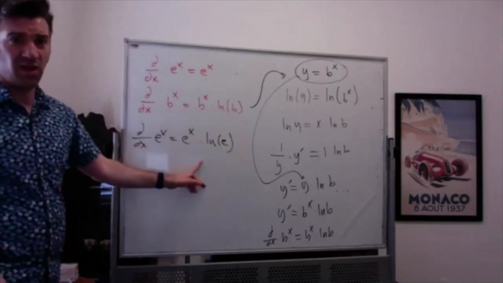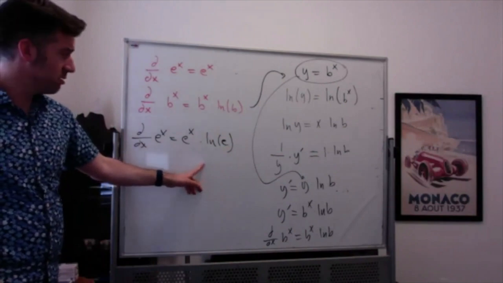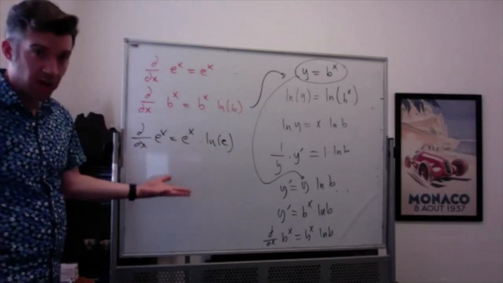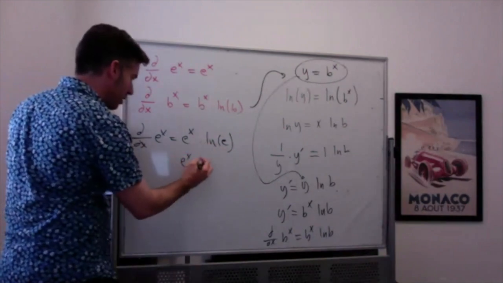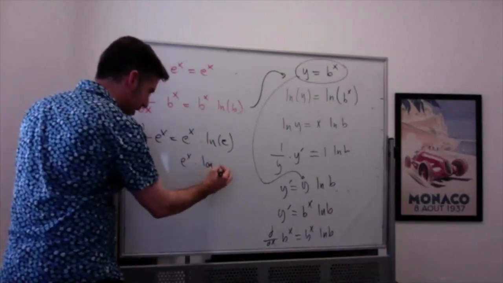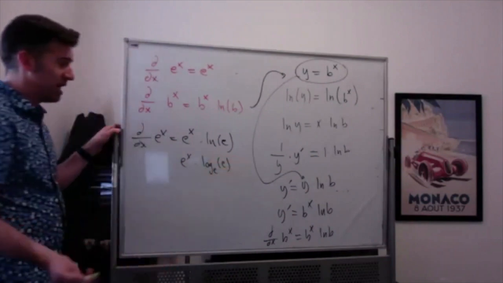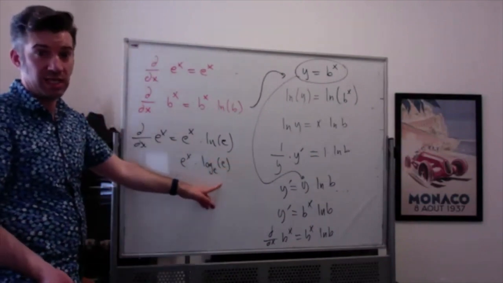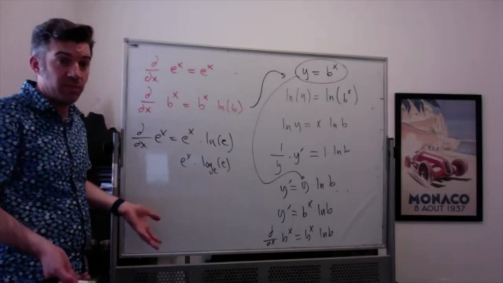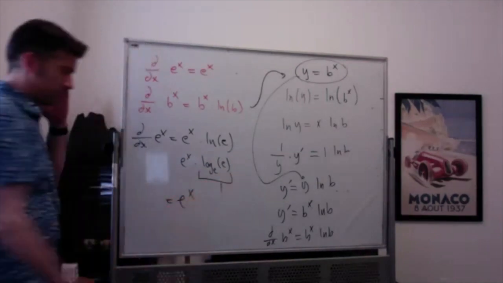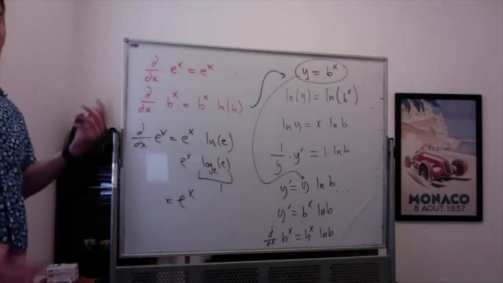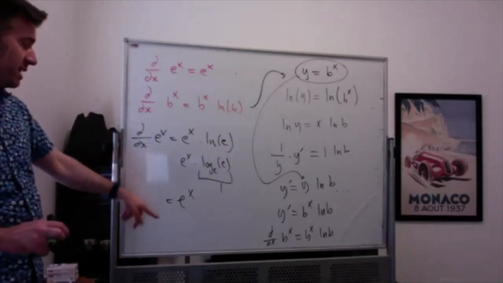But what's the natural log of e, everybody? 1. 1, right? Because natural log of e is really log base e of e, which is saying e to what power equals e? Oh, e to the first power equals e. So the derivative of e to the x is e to the x.